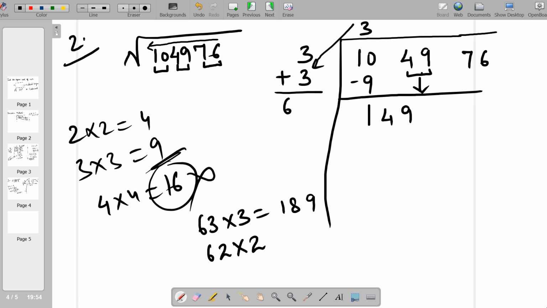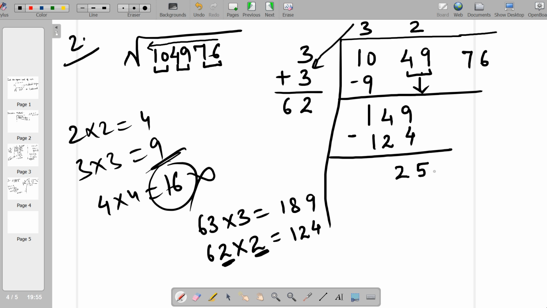So try with 2. 62 into 2. So now 2 twos are 4 and 6 twos are 12, 124. So I will put 2 here and 2 here. Again subtract it. Now you are left with 9 minus 4 is 5, 4 minus 2 is 2.